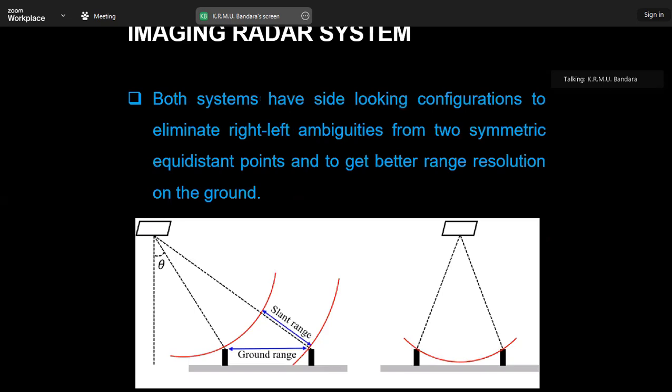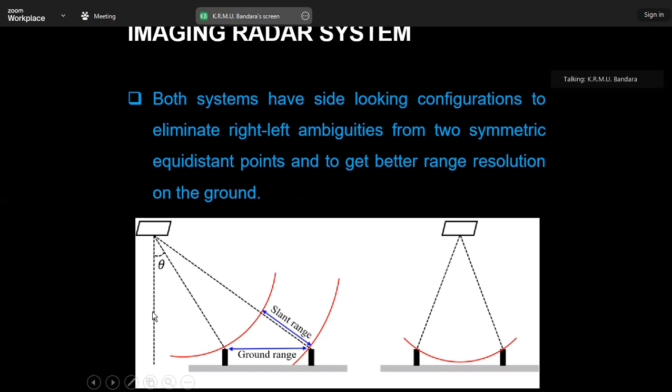Both systems have a side-looking configuration. Whether it is RAR, real aperture radar, or synthetic aperture radar, both are side looking to eliminate right-left ambiguity from two symmetric equidistant points and to get better range resolution. This is the antenna here.